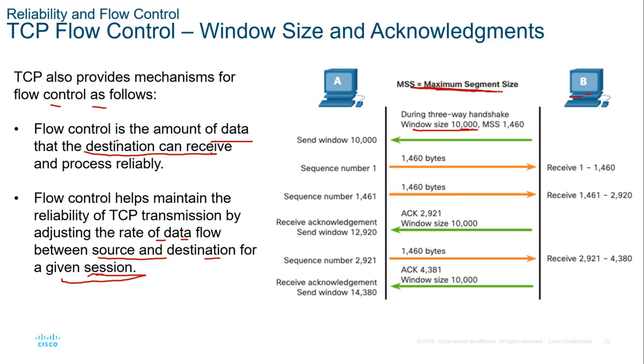The window size, what the destination can process, is 10,000. But per segment, we expect the maximum segment size, which is 1,460. As you can see here, we have 10,000, which is what B can process, what it can manage.